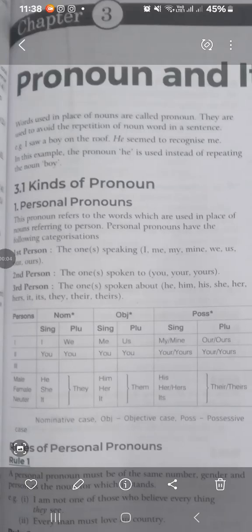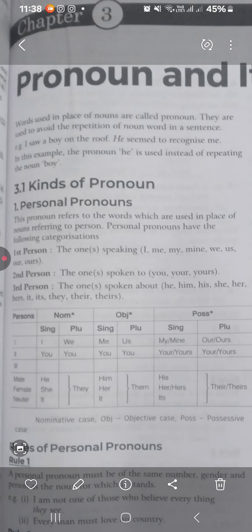Now, today we are going to study pronoun and its kinds. What is pronoun and why it is used? Words used in place of nouns are called pronouns. And why are they made? They are used to avoid the repetition of a noun in a sentence.